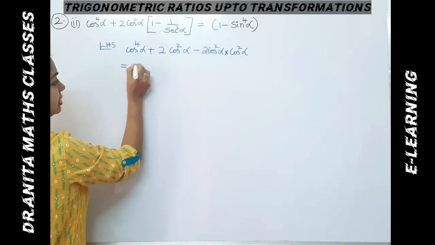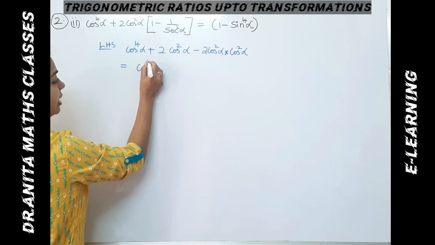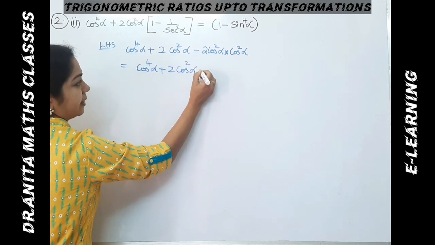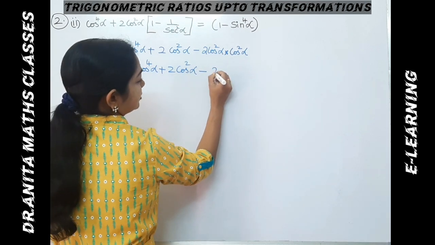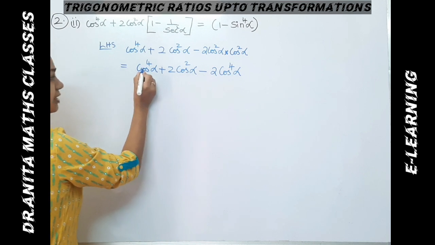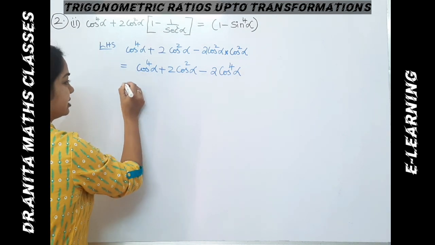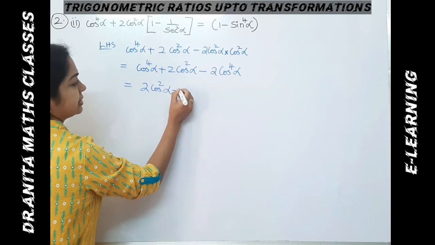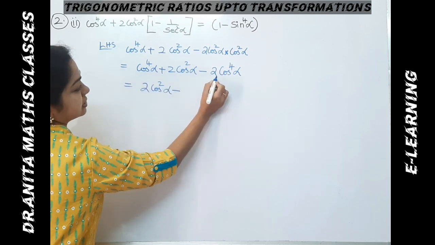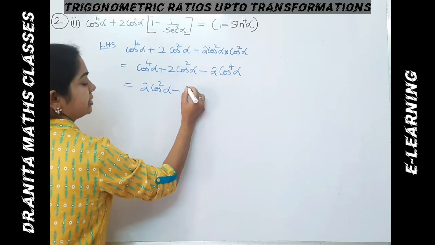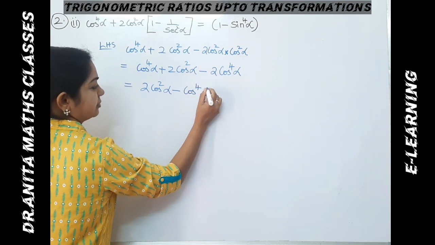Now cos 4 alpha plus 2 cos square alpha minus 2 cos 4 alpha. You can subtract cos 4 alpha from 2 cos 4 alpha, so that comes to 2 cos square alpha minus cos to the power of 4 alpha.